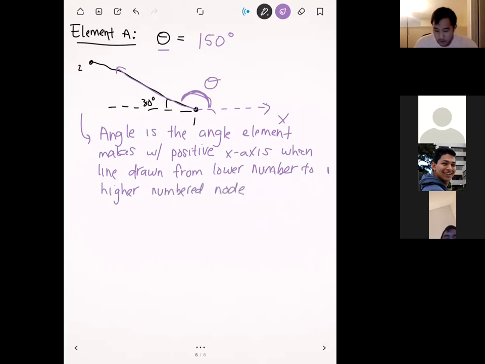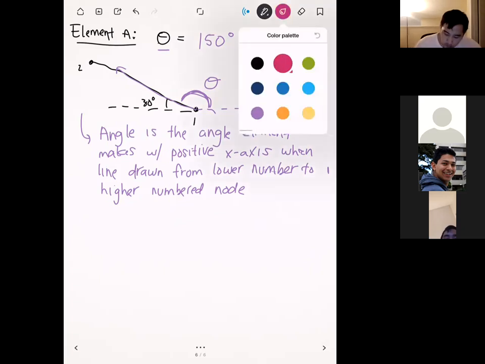Okay. And so in this case, node number 1 is our lower one. So we started there, and then we drew a line up to node number 2, which is a higher one. Then from there, we saw what angle that made with our positive x-axis, and we saw that angle was 150 degrees.